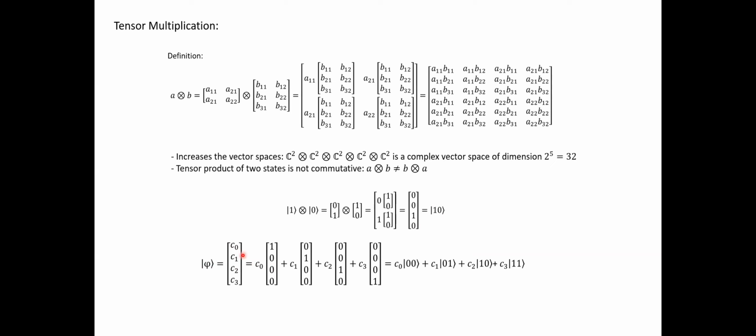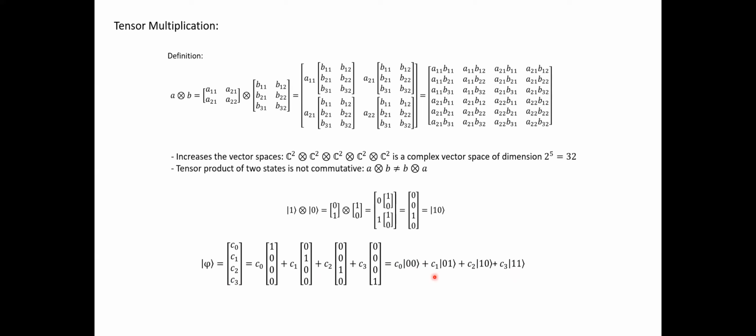So if we start changing the notation like this, any state of two qubits can be expressed as a sum of all possible combinations of states: 00, 01, 10, and 11.